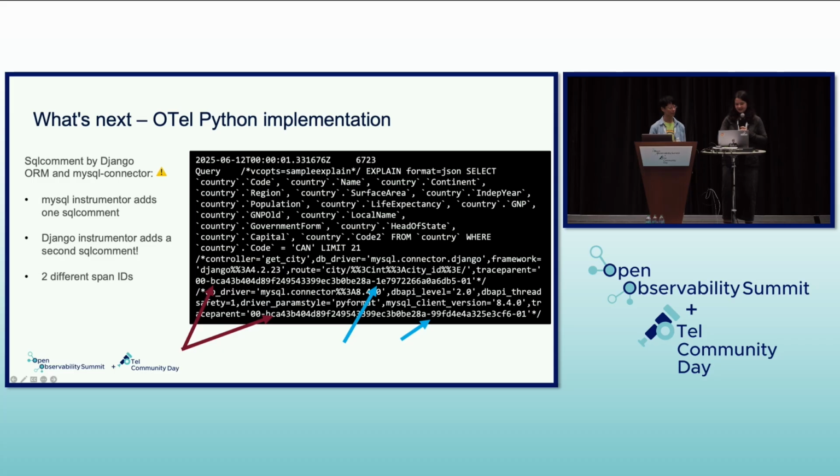Possible solutions moving forward: should it always be up to the user to decide which instrumenters are enabled or disabled, or which are doing SQL commenting? Should it still be the instrumenter's job, and should they all be like Flask, where they attach KVs to the current OTel context before the comment is only written by the database driver?